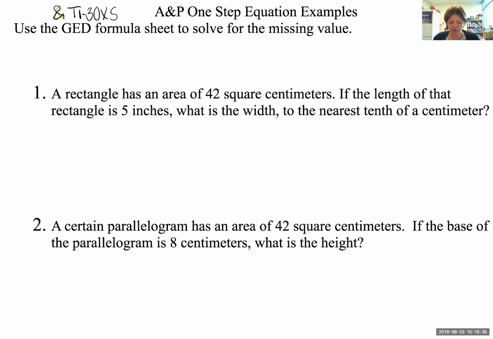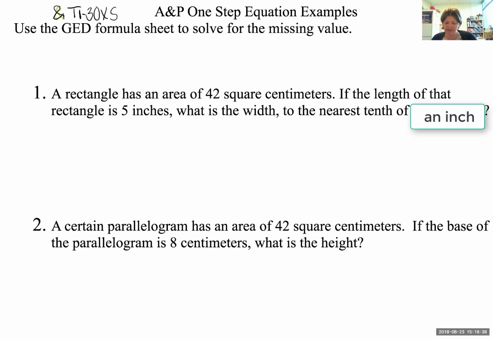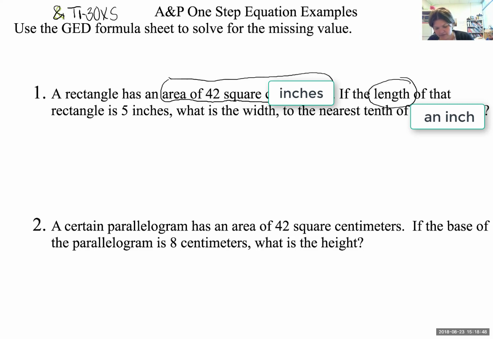Okay, so here we go. Number 1 says, a rectangle has an area of 42 square centimeters. If the length of that rectangle is 5 centimeters, what is the width to the nearest tenth of a centimeter? So it looks like I've been given an area, I've been given a length, and I'm trying to find the width.